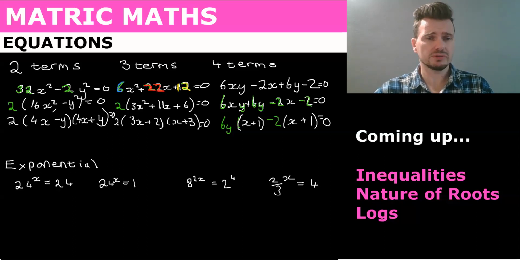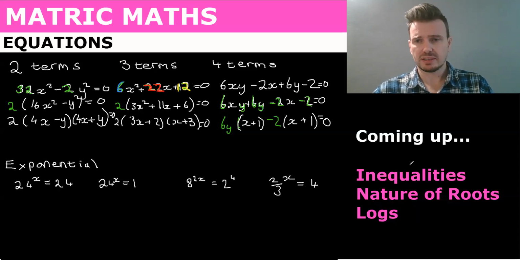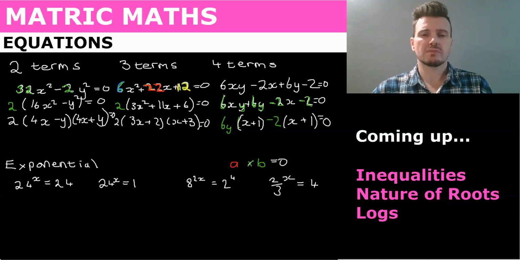And then once we've factorized it, we have these brackets. So if I have something like A times B equals 0. If B was 1,000,000 and A was 0, 1,000,000 times 0 is still 0.